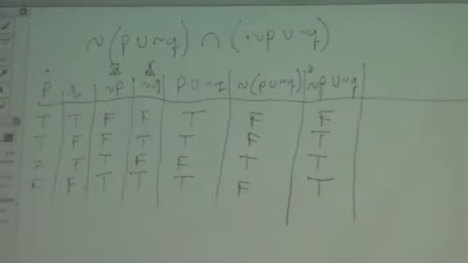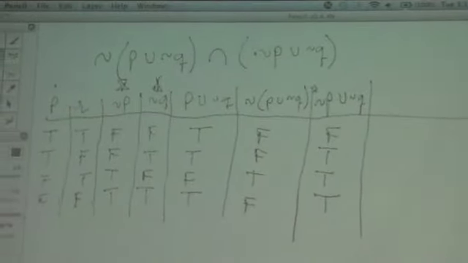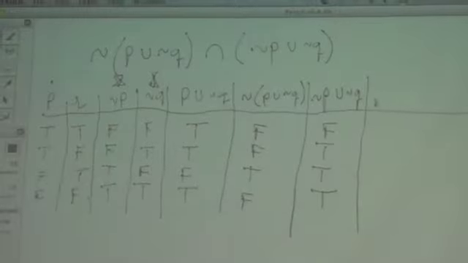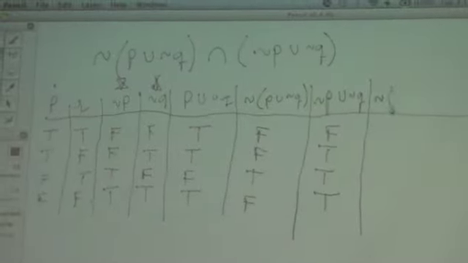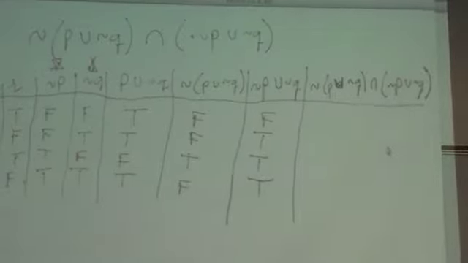I have everything I need, I think. I'm ready to put this whole thing together. So I'm ready for my final answer. Negation of P. Whoops, that's an or. That's an or. Negation Q. And negation P or negation Q. That's annoying. Okay.